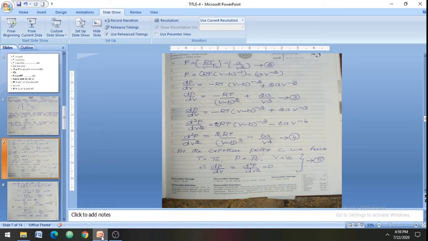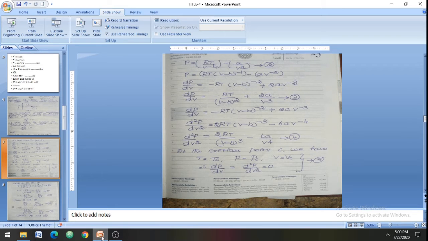Once again I differentiate dP/dV to get d²P/dV². Again differentiating, −RT(V − b)^(−2) gives −RT times (−2)(V − b)^(−3), so it becomes (V − b)^(−3). Then 2aV^(−3) differentiates to 2a times (−3)V^(−4), so finally −6aV^(−4).